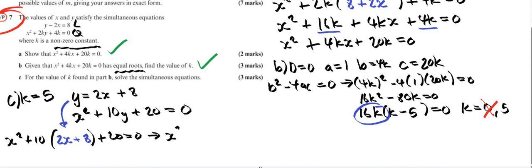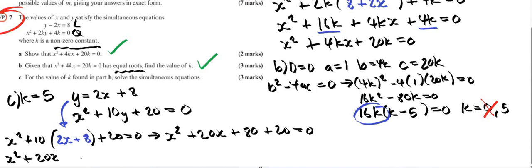Expand it out. x squared plus 10 times 2x, which is 20x, plus 8 times 10, which is 80, plus 20 equals 0. So that means our quadratic is x squared plus 20x plus 100 equals 0.